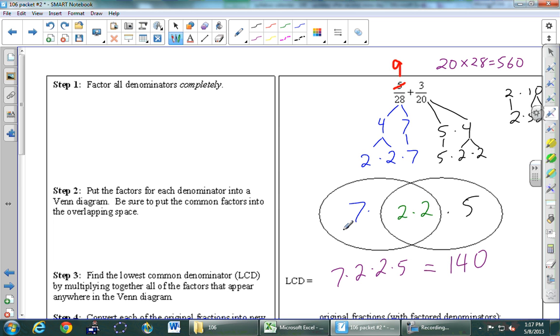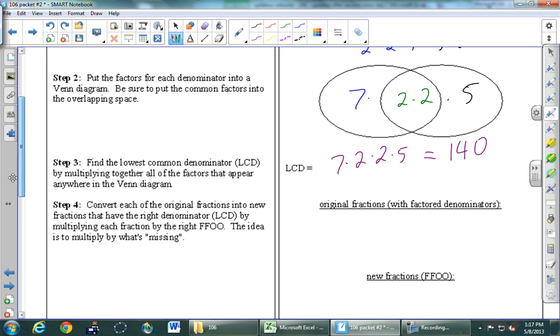Okay. Next thing to do is rewrite the original fractions, but in factored form. So the original fraction up above, it was 9 over 28. But instead of 28, we're going to put 2 times 2 times 7. That was how we wrote 28. And then I'll write the other one over here.